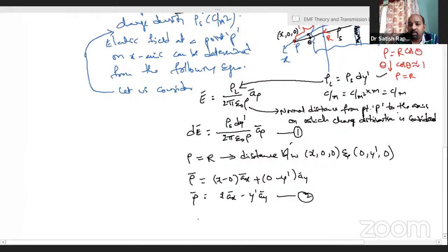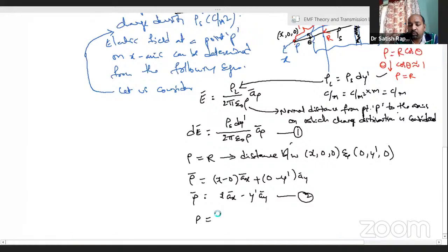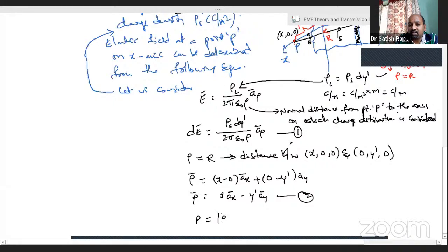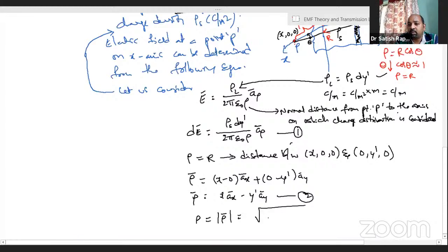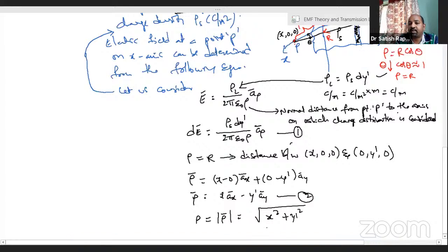And rho is the scalar distance, mod rho bar, and this is equal to root over x square plus y' square.